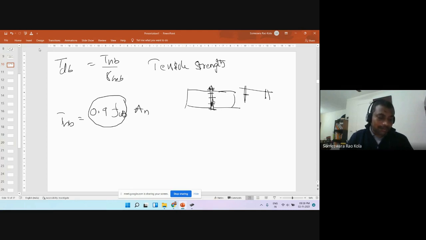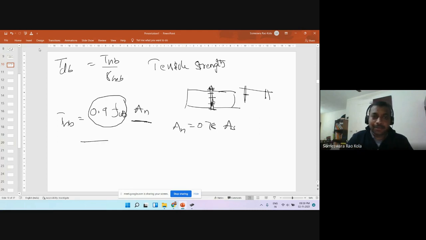Now, what is AN? This is the effective area, right? Not the shank area. AN is 0.78 times AS. Because that will be the weakest section where the bolt can fail, so we have to take the minimum one.